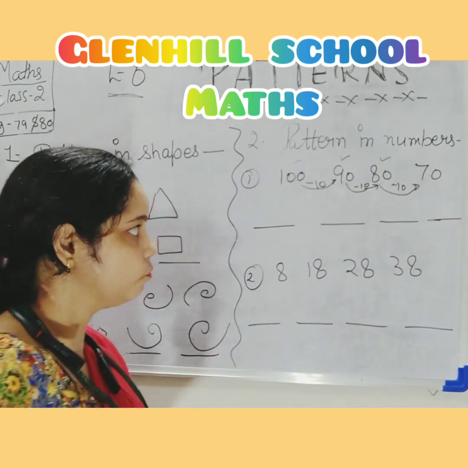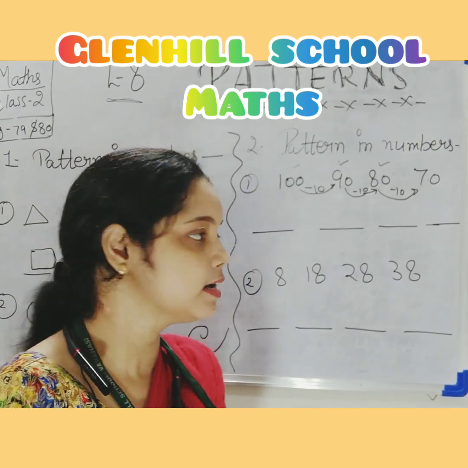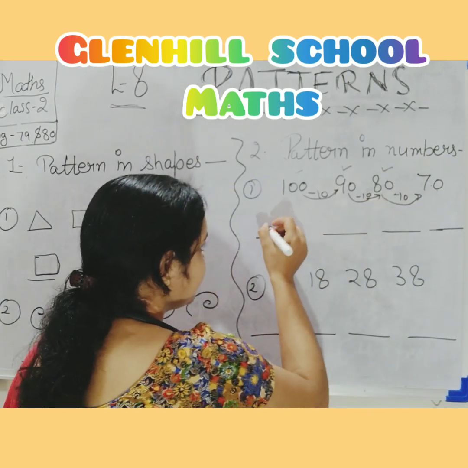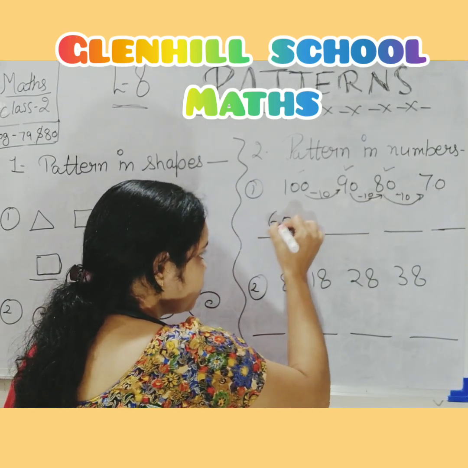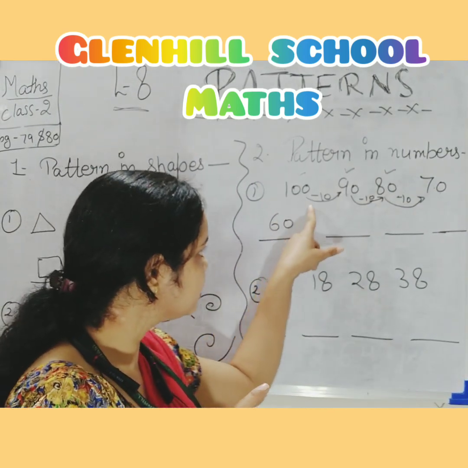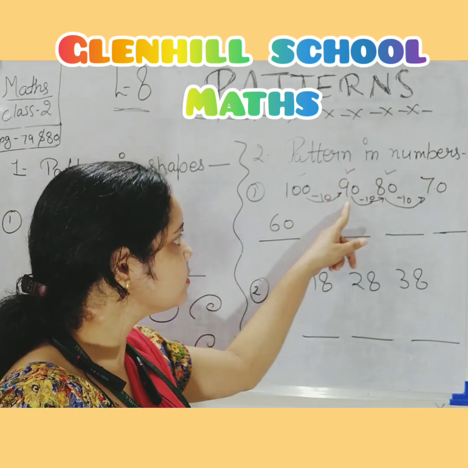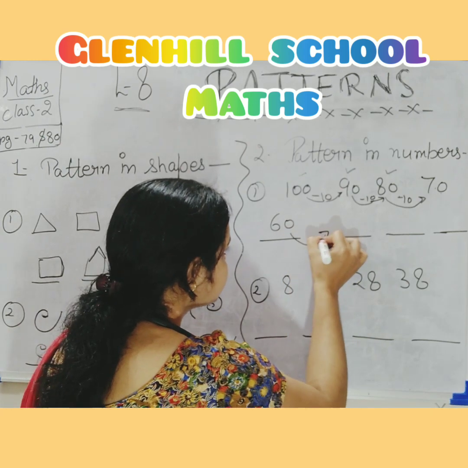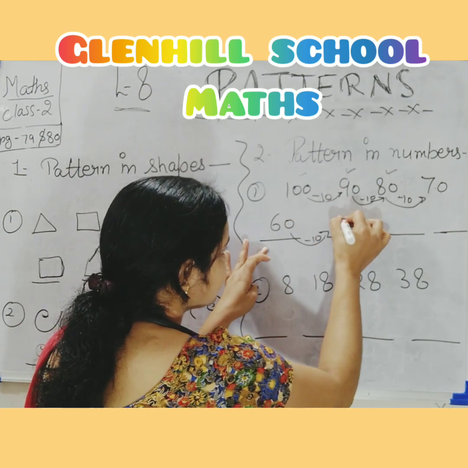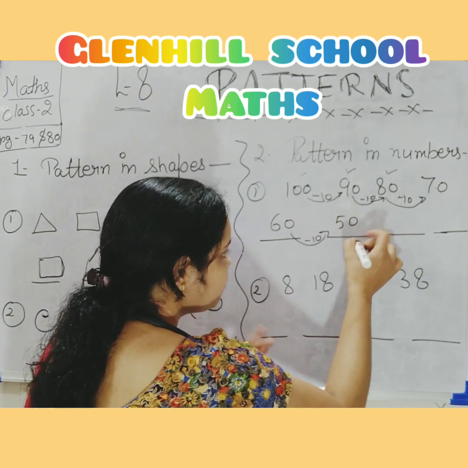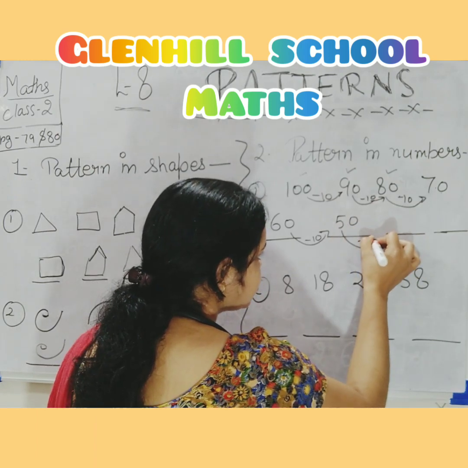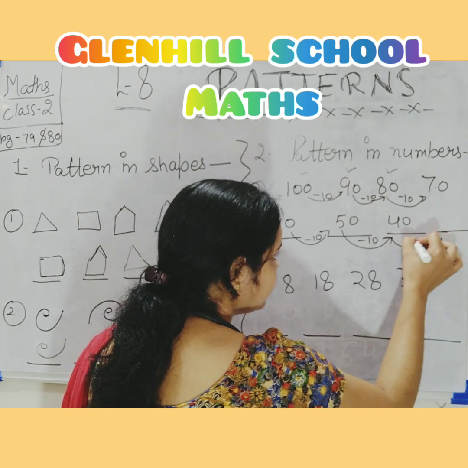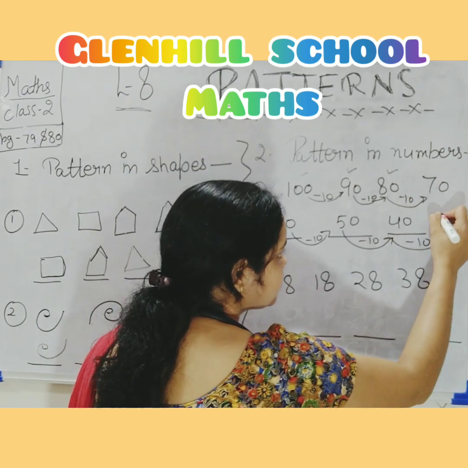So what do we have to do for the next digit? We have to minus 10 from 70. It becomes 60, because the further digit is minus 10, minus 10, minus 10. After minus 10 it becomes 60, minus 10 becomes 50, after 50 just minus 10 becomes 40, after deducting 10, 40 becomes 30.